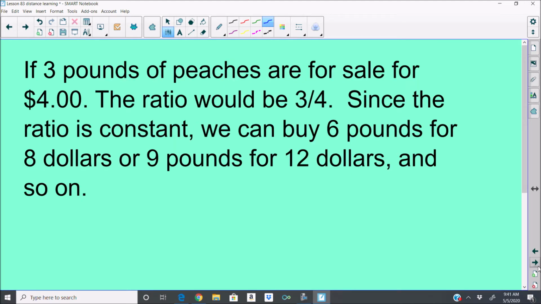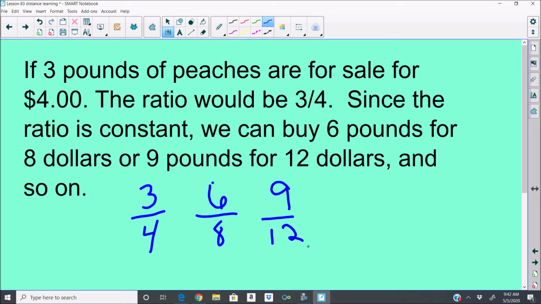An example situation for this would be, if 3 pounds of peaches are for sale for $4, the ratio would be 3:4, or 3/4. Since the ratio is constant, and that just means it's always going to have an equivalent fraction, we can buy 6 pounds for $8, 9 pounds for $12, and so on.